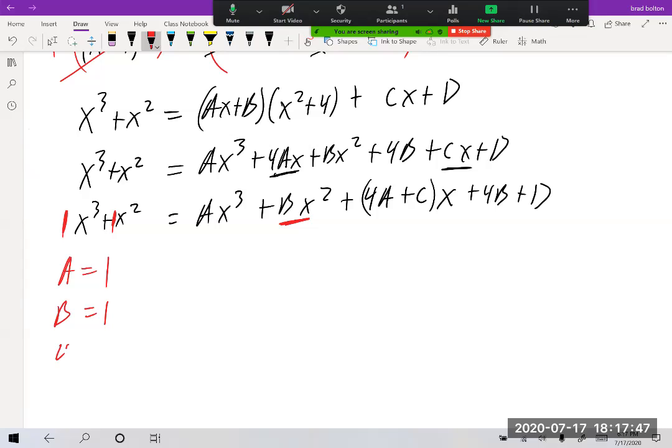Now I know that 4a + c has to equal whatever's in front of the x term. Well, there is no x term over here, so it's got to be 0. And then 4b + d, there is no plain old constant over here, so it's got to be 0. So 4b + d has to equal 0.